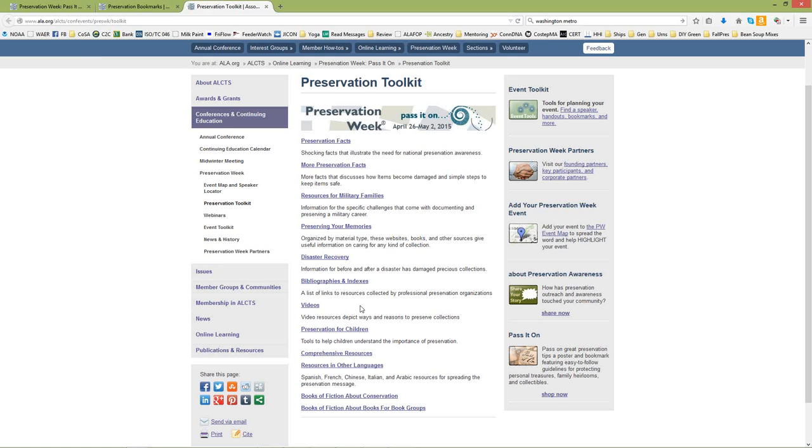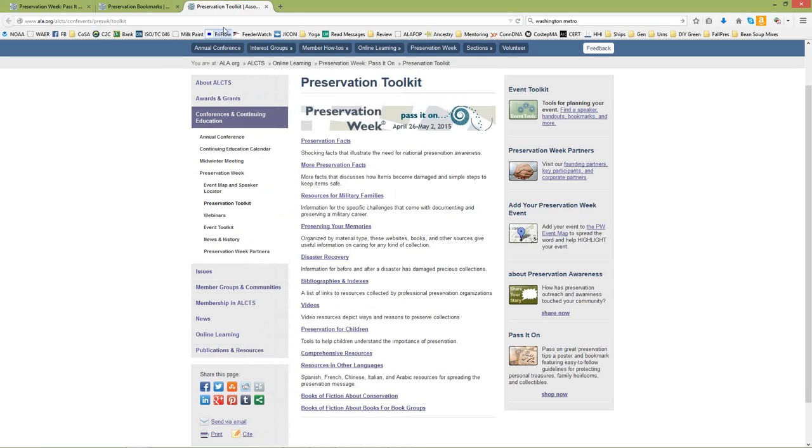We actually had a number of people who planned to participate who were from organizations outside of the U.S. And Danya, do you have any Preservation Week resources that might be useful for non-U.S. institutions? Well, first of all, our Preservation Week resources are available on our ALA website, and they're available to anybody anywhere in the world.